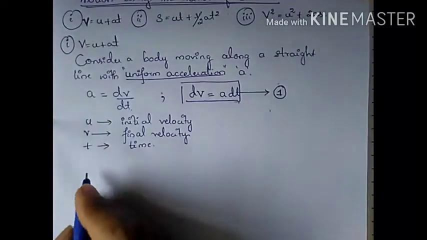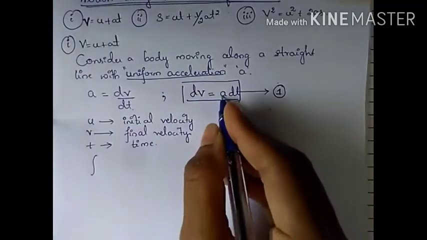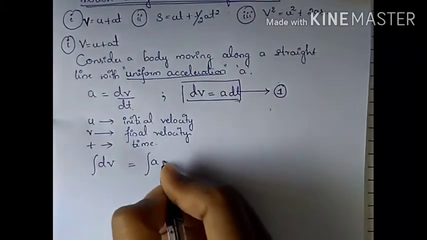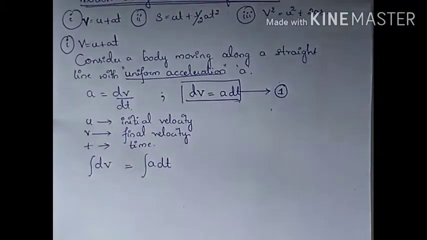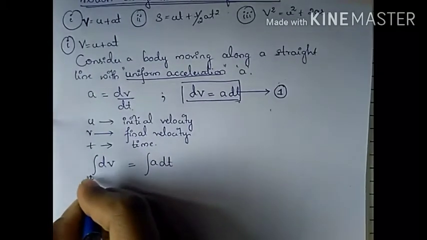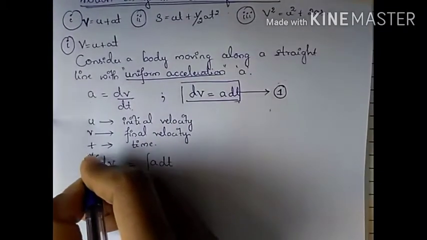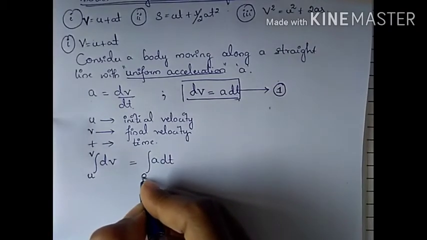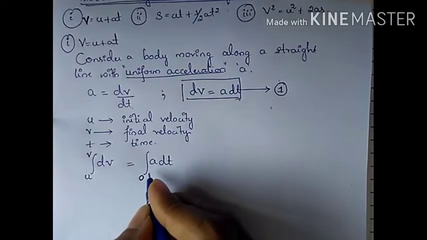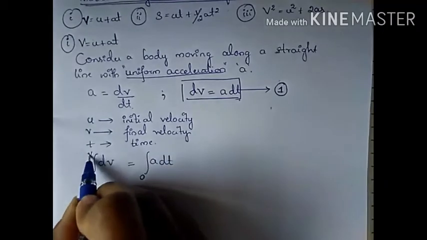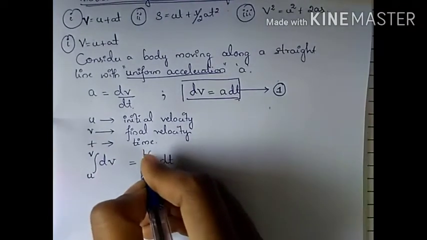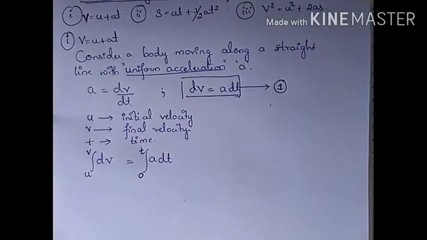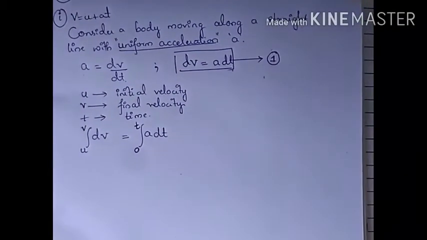So now let us integrate the equation. dv is equals to integration of a dt. The initial velocity is u, final velocity is v, the initial time is 0, and when the body has the final velocity, the time taken will be t. Now with these limits, you have to do the integration.